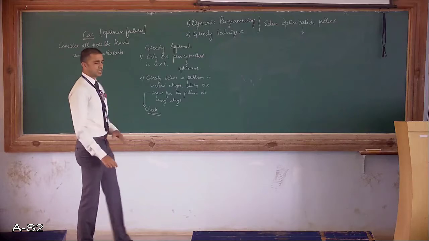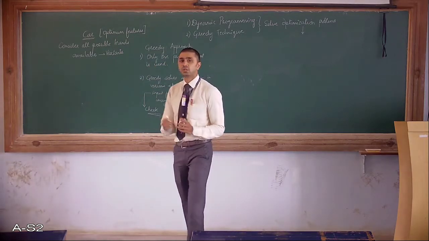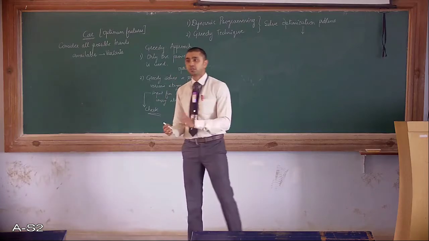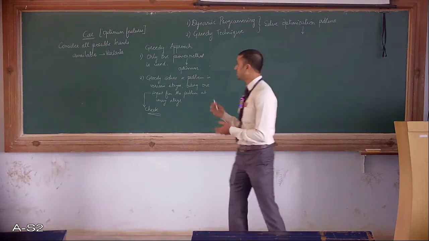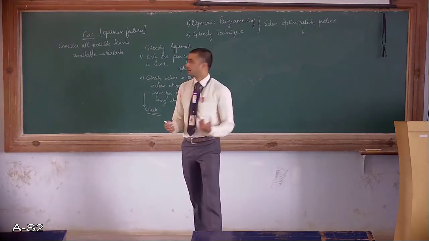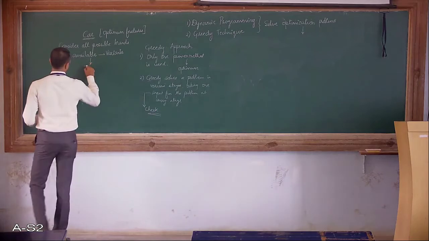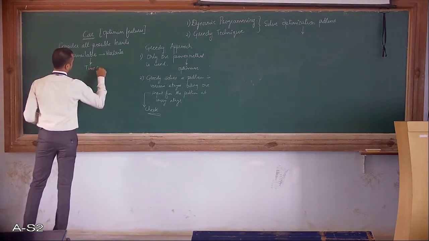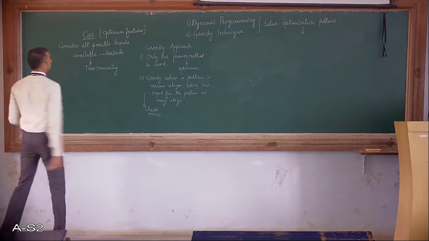This approach is time consuming because you need to consider all the different brands of cars available in the market. Then in each of those brands, there are so many different variants available from those car manufacturers. So this approach is time consuming.